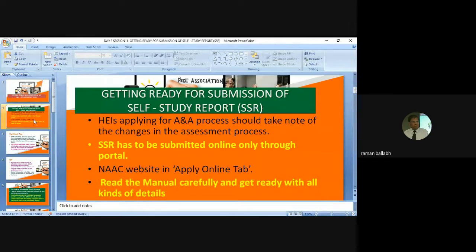For example, if you go through the manual, you will find that in certain places it is written that it has to be entered in the website. I'm just giving you an example. It says this data has to be entered in the SSR, you had already entered it there, and again it is written that it has to be entered in your website.